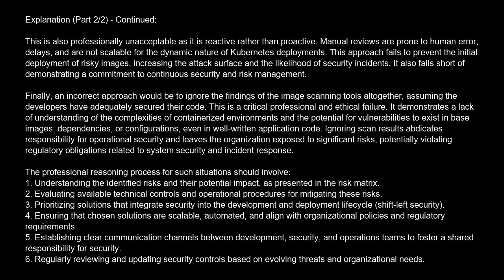Ensuring that chosen solutions are scalable, automated, and align with organizational policies and regulatory requirements. 5. Establishing clear communication channels between development, security, and operations teams to foster a shared responsibility for security. 6. Regularly reviewing and updating security controls based on evolving threats and organizational needs.